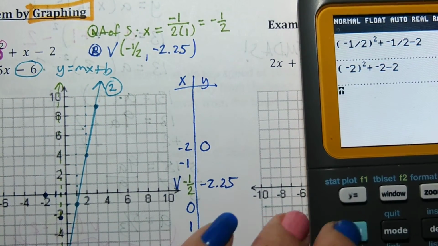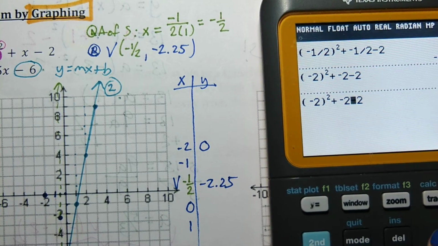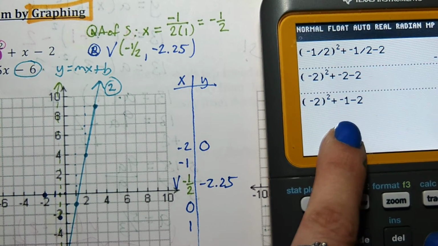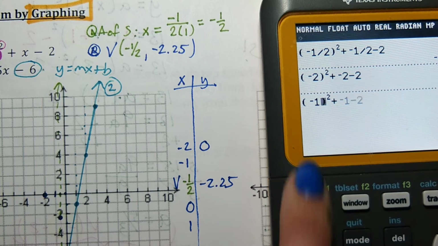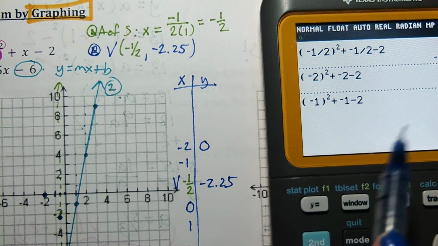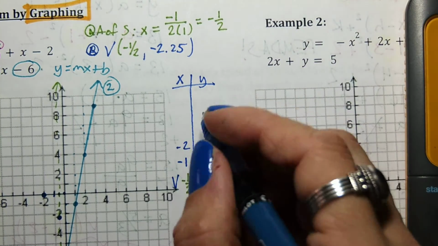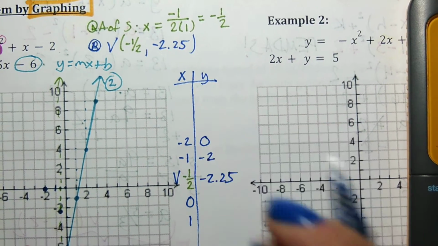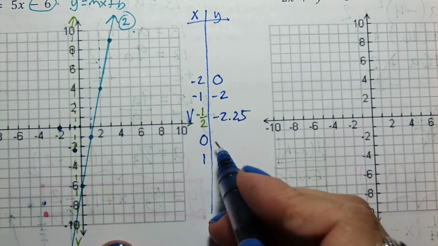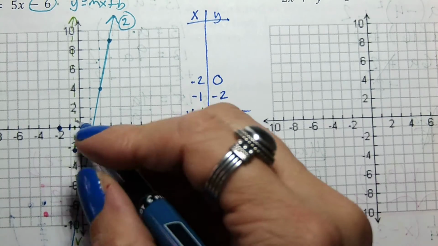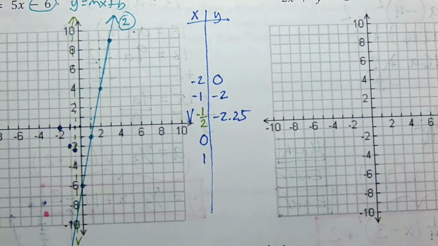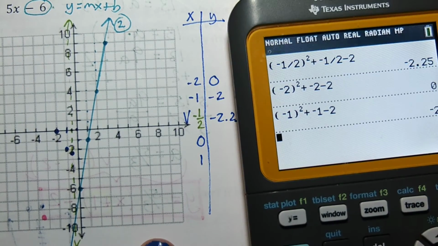And now, second enter, we're going to override just this -2 and that -2 with a -1. So make sure you don't accidentally change that -2. And that gives us -2. Now remember, we should get -2 and 0 for those other points, but we don't want to assume. We want to explicitly plug in one of those.